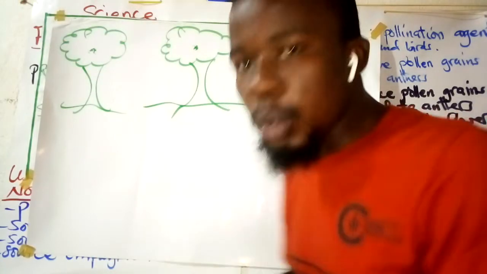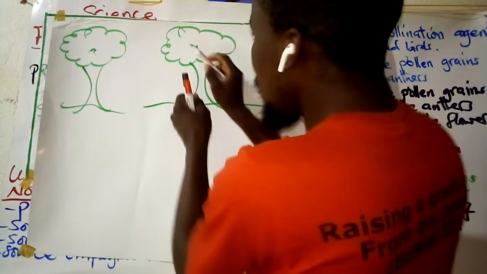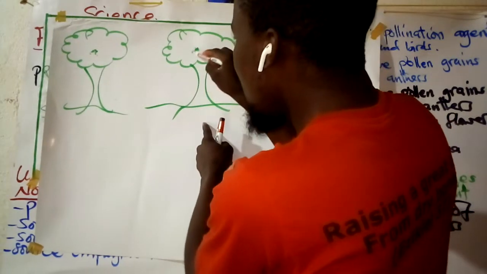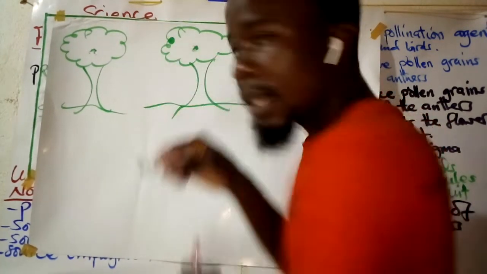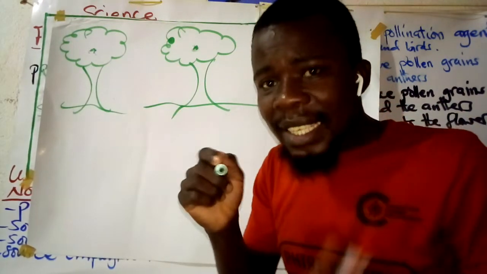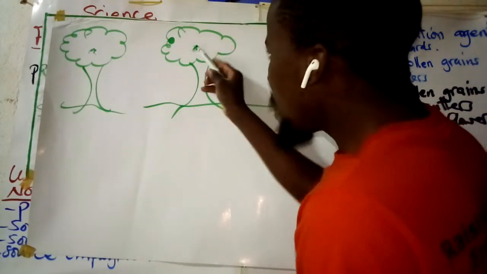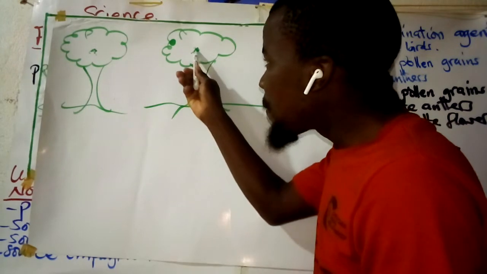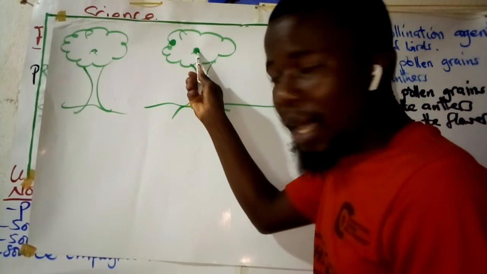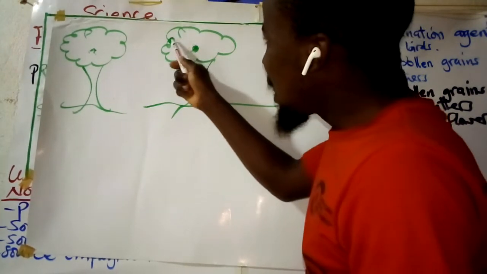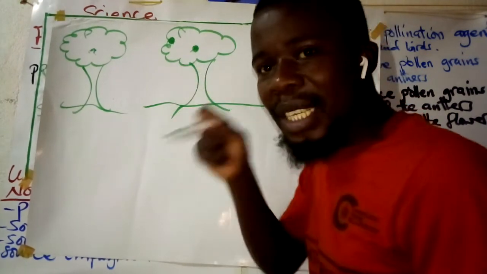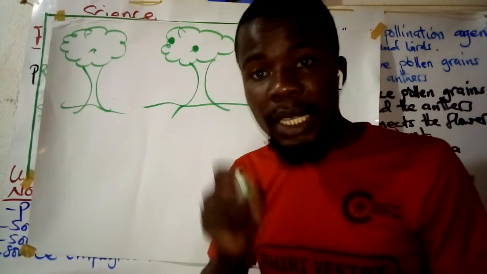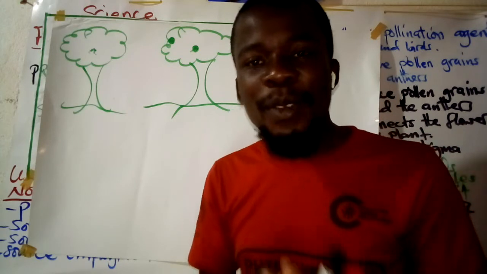But we may have two flowers on the same tree, a flower here, another flower here. Pollen grains can be transferred from the anthers of this flower to the stigma of this flower, which is on the same tree. That one is what is called self-pollination.